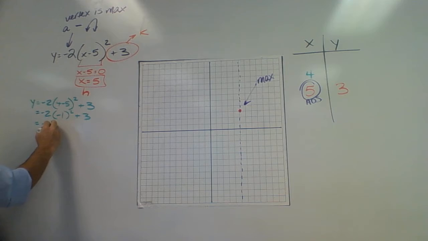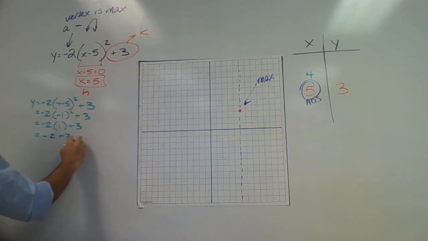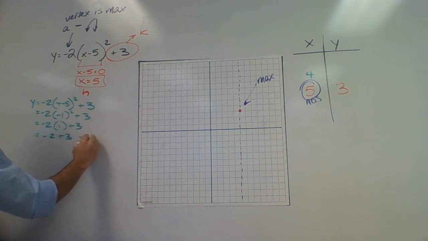So -1 squared is +1. And then I want to do -2 times 1, which is -2, plus 3, and that is equal to 1.